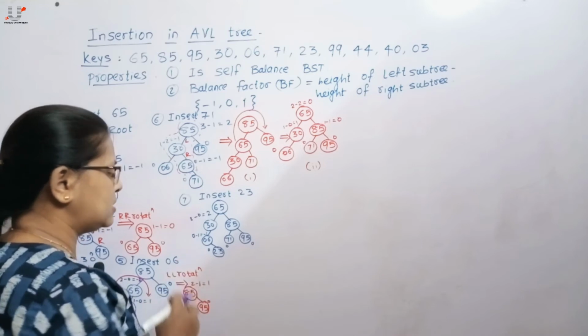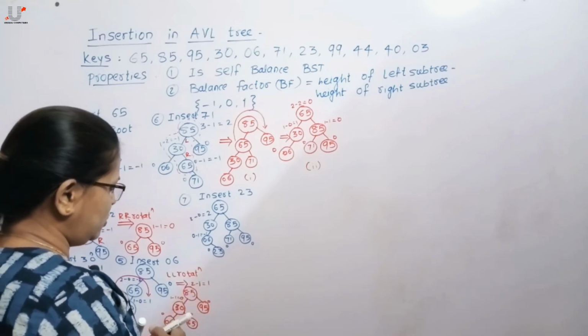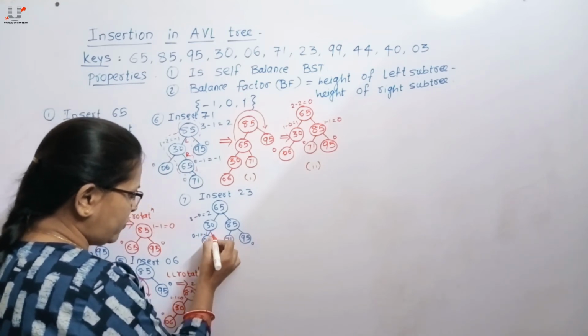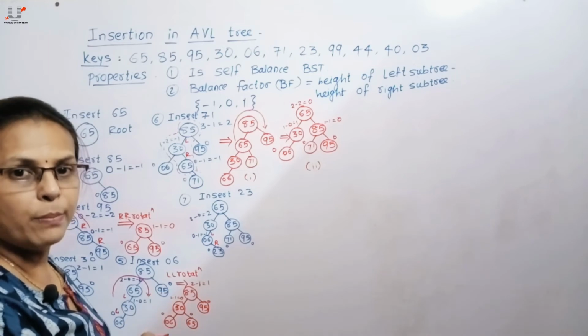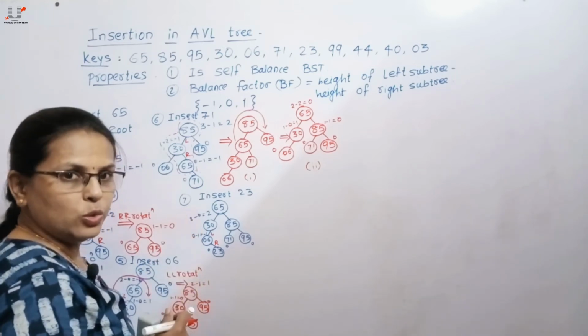That means here the tree is imbalanced. Due to insertion in the right child of the left subtree, the tree becomes imbalanced. And here the node 30 is a critical node.